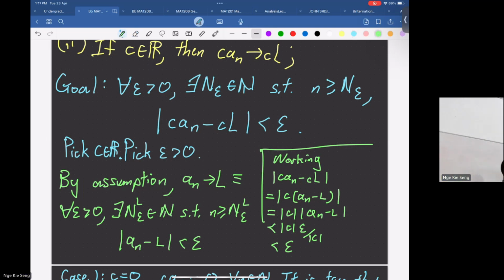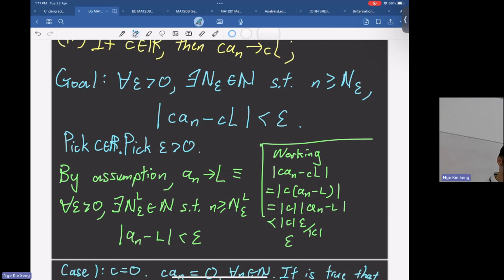Because this inequality comes from this kind of inequality, which is strict. And then the last one should be equal. But once you go through a strict one, the whole thing is strict.